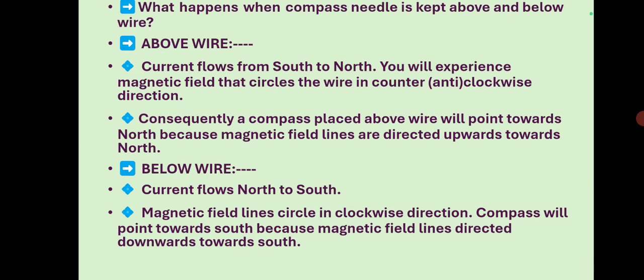Right? Now next, what happens when the compass needle is kept above and below the wire? Above the wire, when current flows from south to north, we will experience a magnetic field that circles the wire in an anti-clockwise direction.